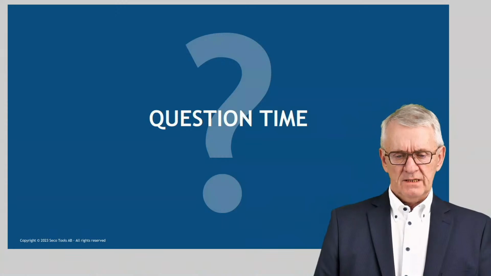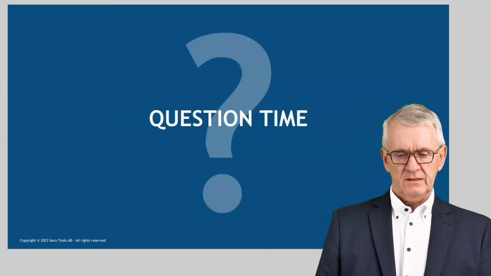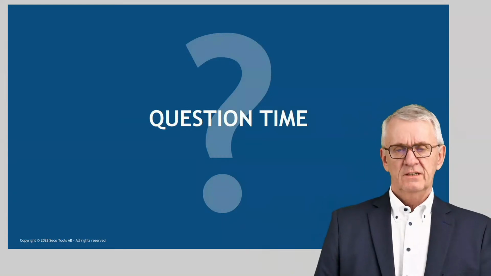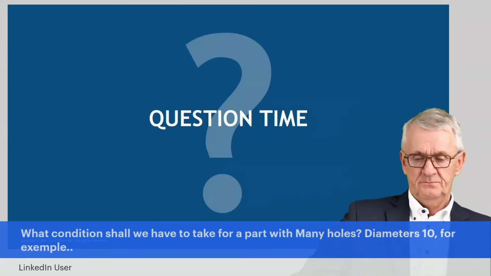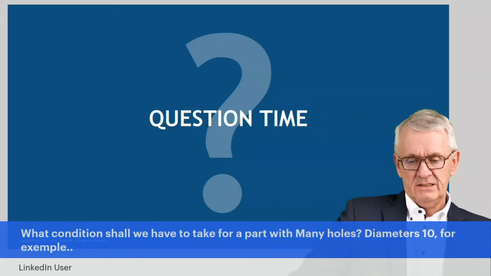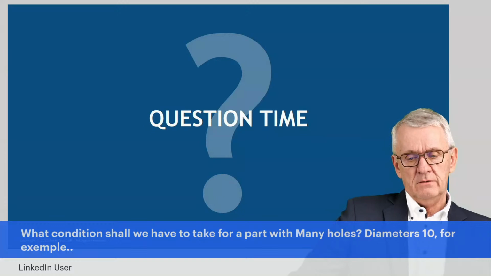Then there is a question from Laurent: what conditions shall we have to take for a part with many holes? That's difficult. I'm going to give you a very general answer. You have two ways you can go here.